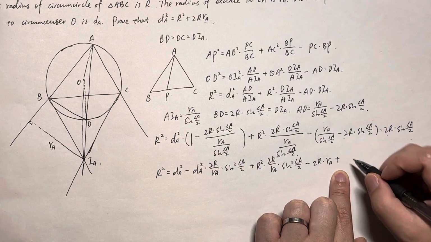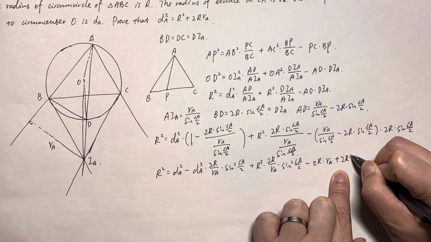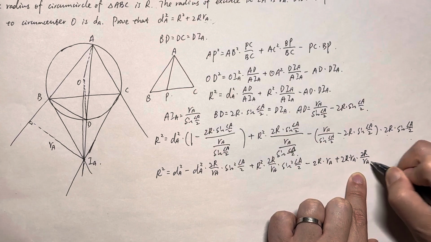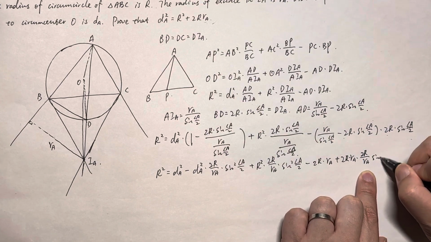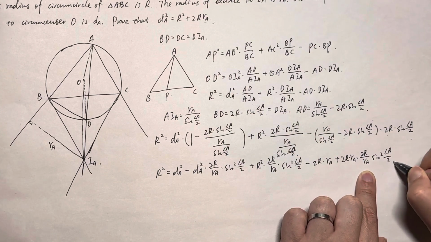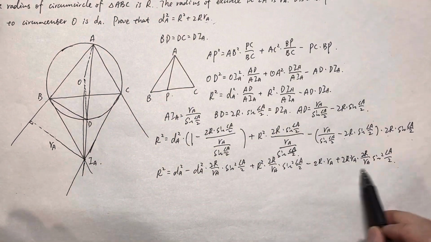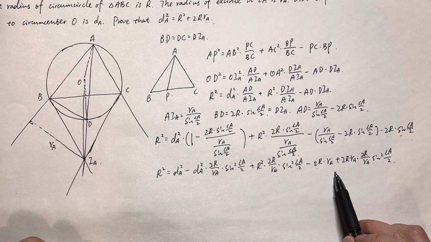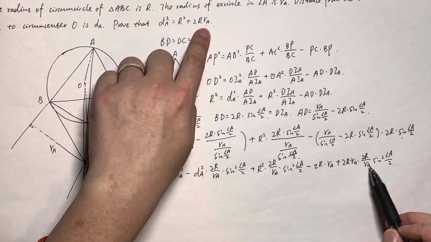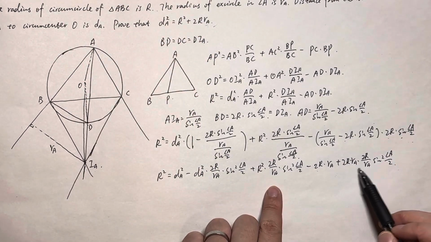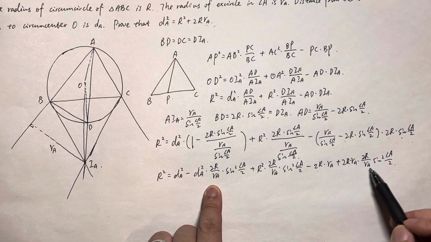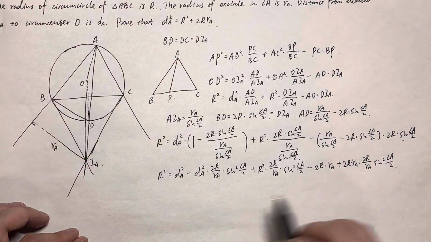I just write it as 2R RA times 2R over RA sine squared of A by 2. This is the same as 4R squared, because we saw the 2R over RA in the other terms.